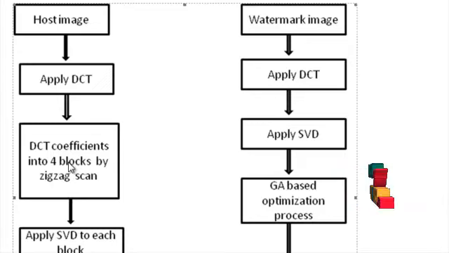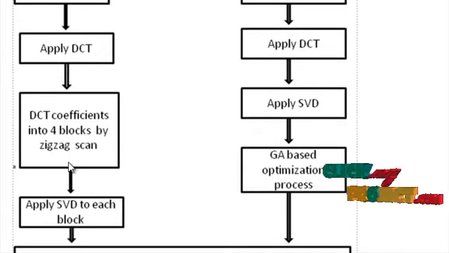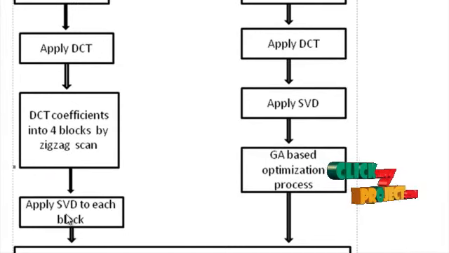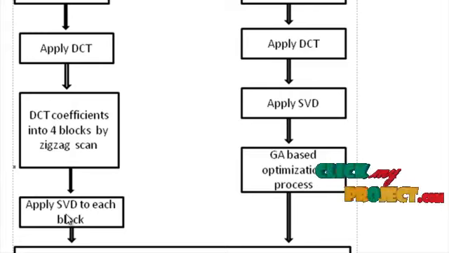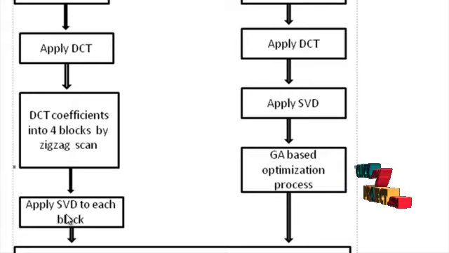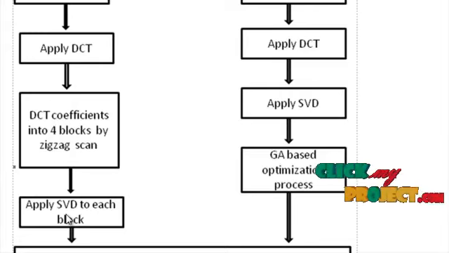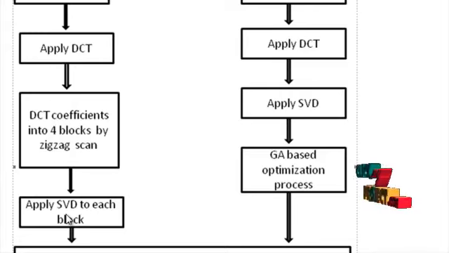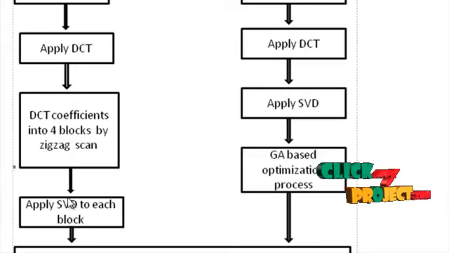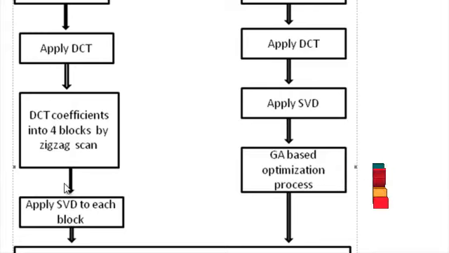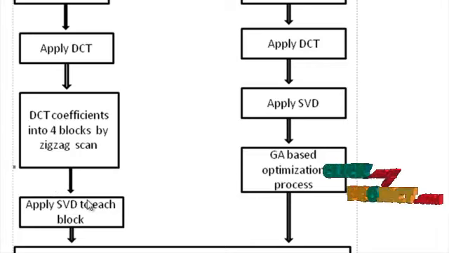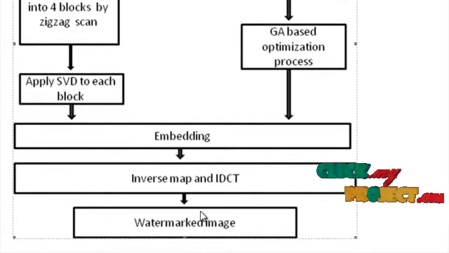Then we apply the singular value decomposition operation in each area, and the host image is modified by the left singular vectors and the singular values of the DCT transformed watermark to embed the watermarked image. The left singular vectors and singular values are used as a control parameter to avoid the false positive problem. Each area decides the scaling factor optimal value using the genetic algorithm with the mean of watermark species. Finally, we get the watermarked image.